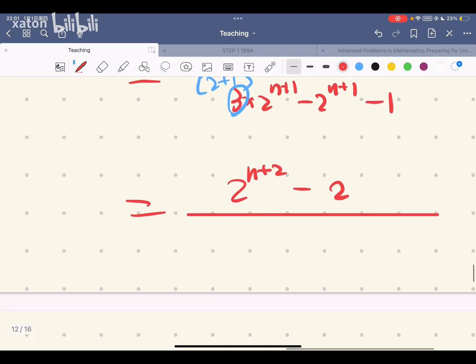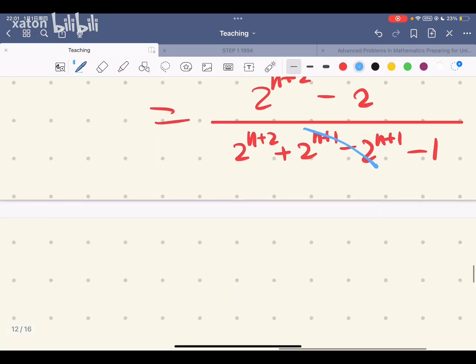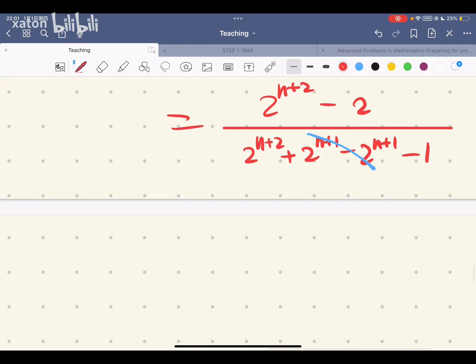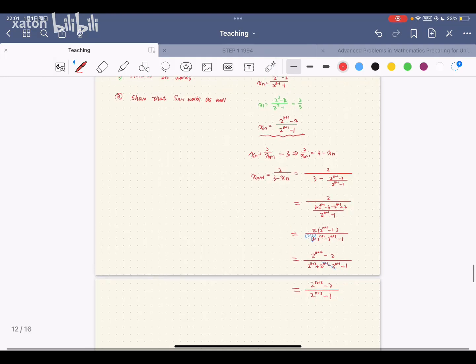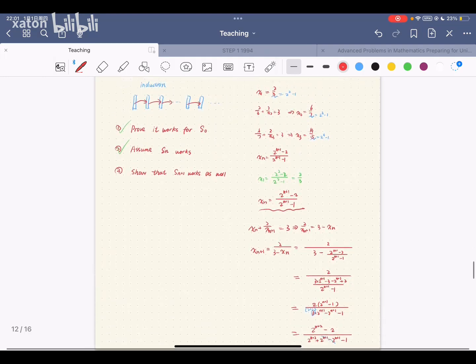So it will be 2 to the power of n+2 minus 1. Yes, we cancel out these things, and then we get the result.